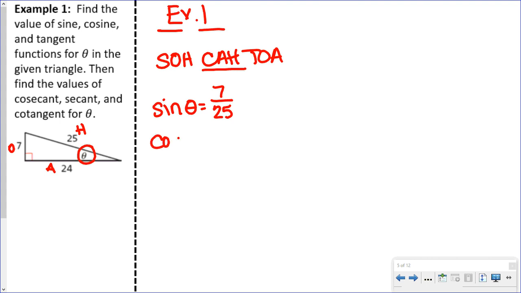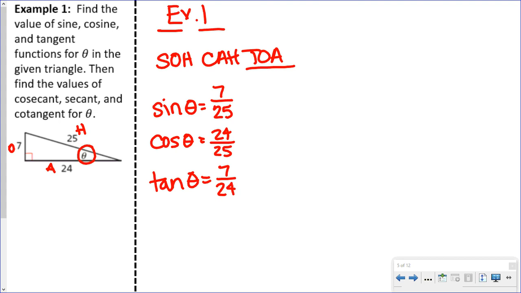So cosine of theta is A over H. So the adjacent leg is 24, the hypotenuse is 25, so cosine is 24 over 25. All right, now let's do tangent. So tangent of theta is O over A, so opposite over adjacent, so that's 7 over 24.